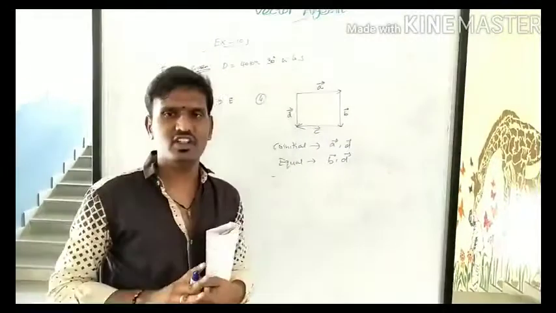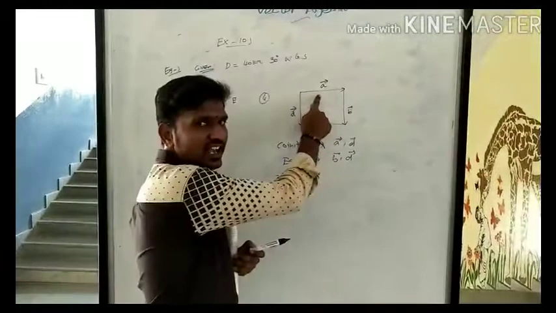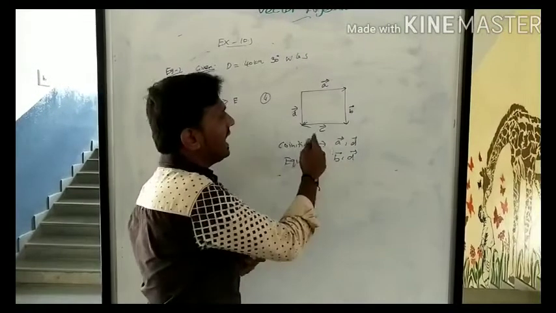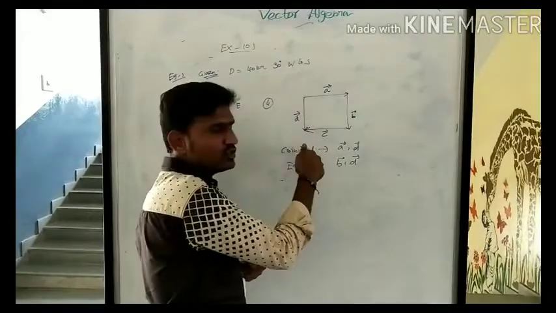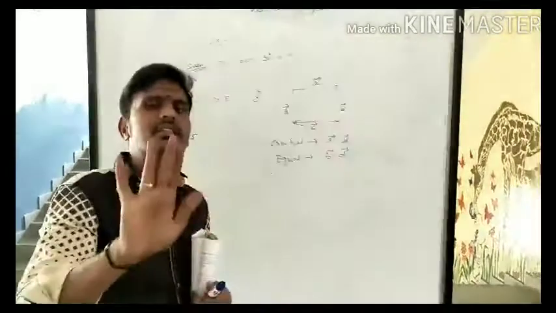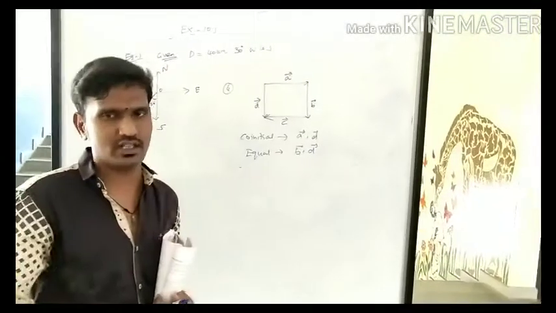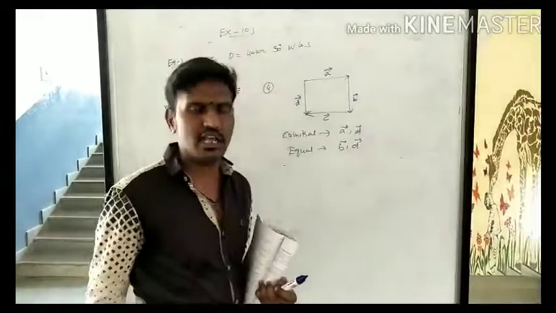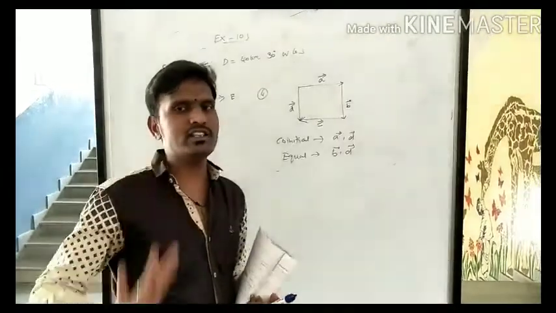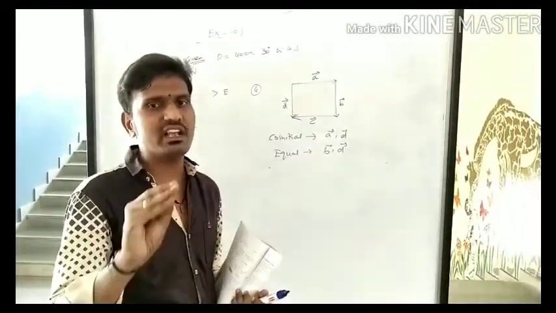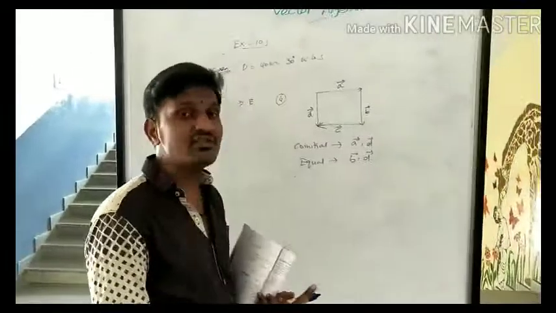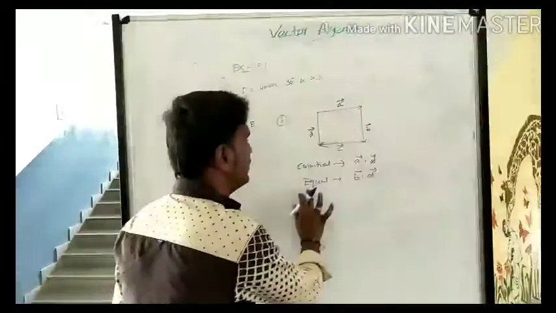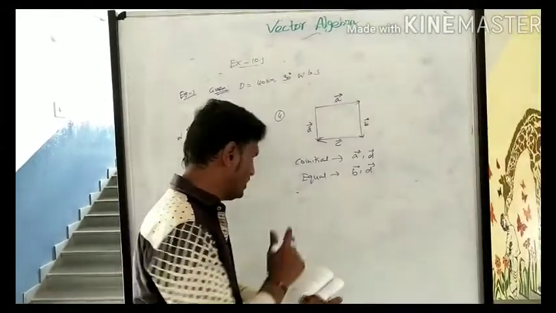It's not so. See, vector A has its arrow mark in this direction, and vector C's arrow mark is opposite. So these two may be represented as negative vectors, but the question is not asking that. Equal length only, but not the same direction, so we can't call them equal vectors. Equal vectors have the same magnitude as well as the same direction.